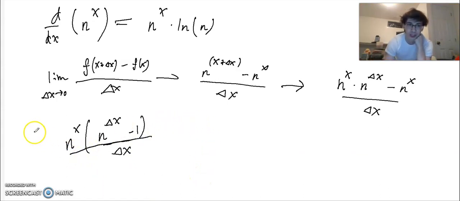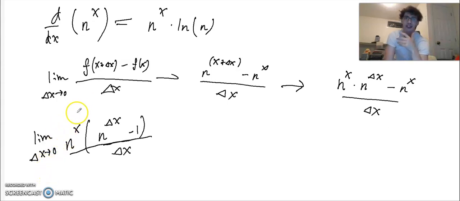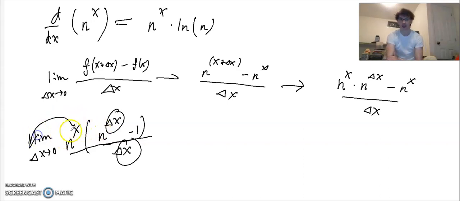And remember, we still have this limit. We'll add it back right now. One thing I want to point out is this limit is with respect to delta x. We have delta x here, delta x there, but this is just regular x. So by the constant rule, if you're deriving something that's not with respect to the variable you're deriving, you can just treat it as a constant and pull it out.